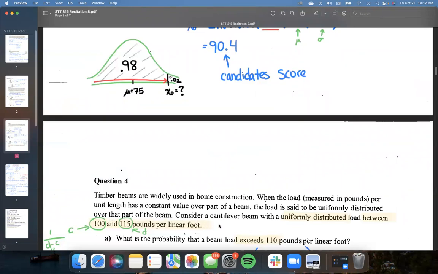Consider a cantilever beam with a uniformly distributed load between 100 and 115 pounds per linear foot. So we're in a uniform distribution situation. Part A, what is the probability that a beam load exceeds 110 pounds per linear foot?